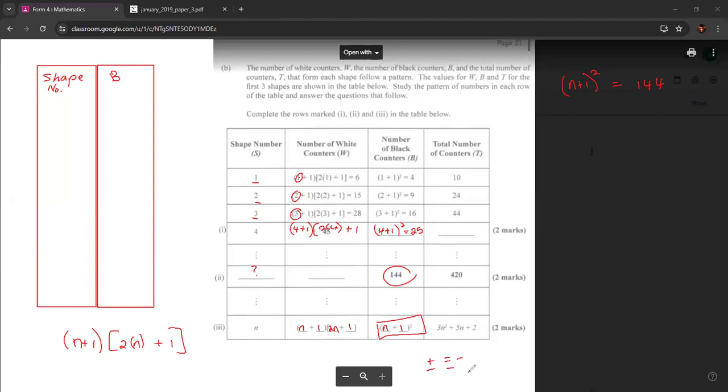If you were minusing, the opposite is adding. Multiplying, the opposite will be dividing. Dividing, the opposite will be multiplying. Square, the opposite will be square root, and vice versa. So the first thing I want to do is carry across the square.